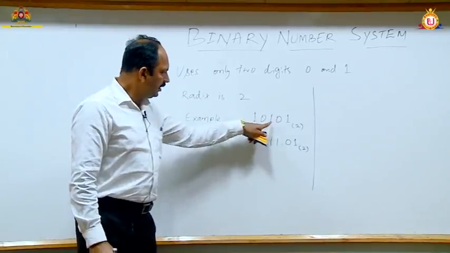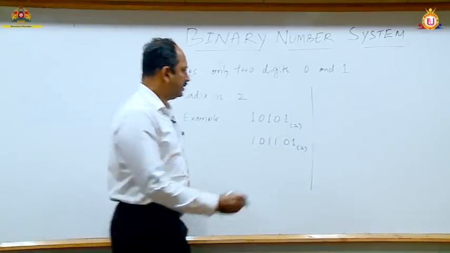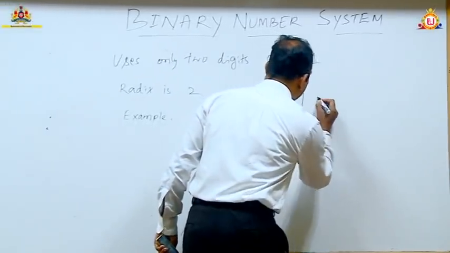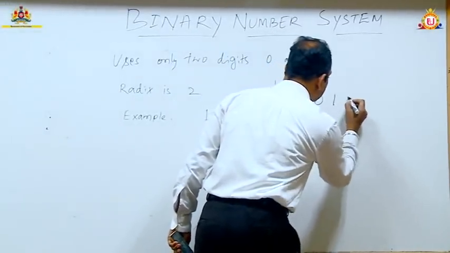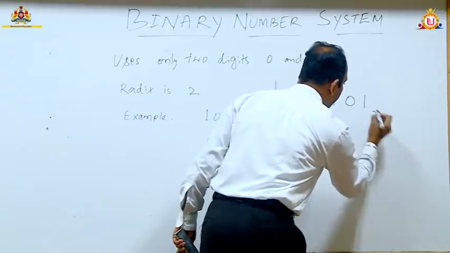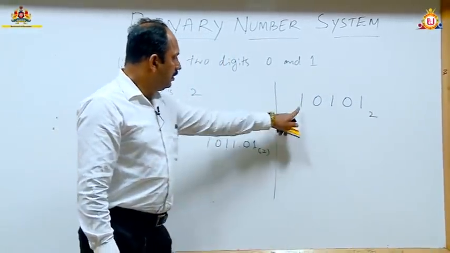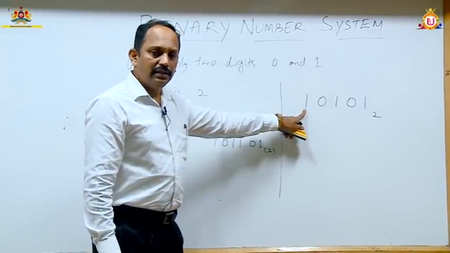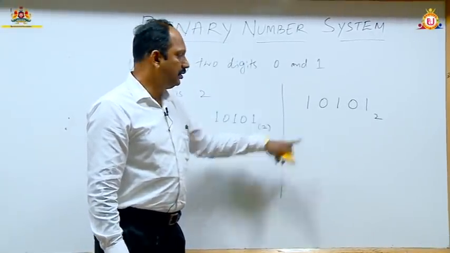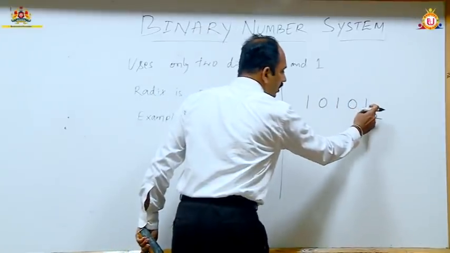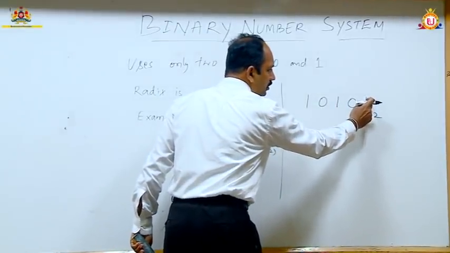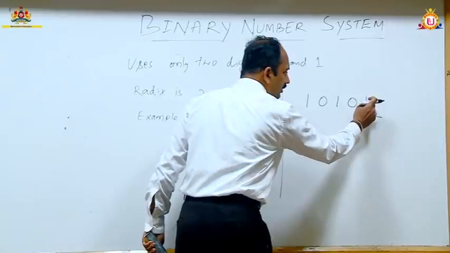Now, in the sequence of this binary digit, 1, 0, 1, 0, 1, which is the binary number, this one is at the leftmost position. At the rightmost position, there also the digit 1 is present.